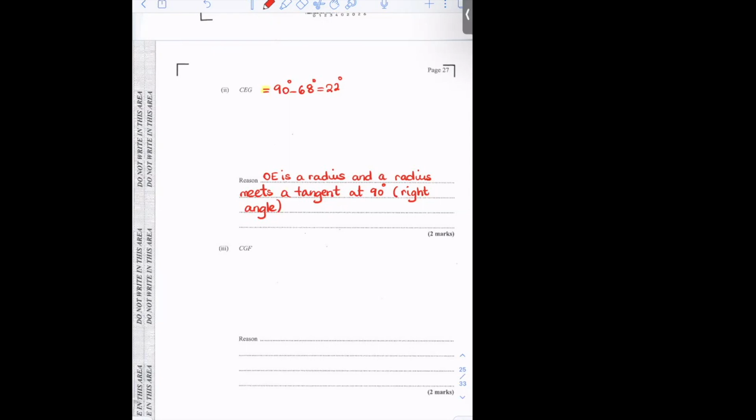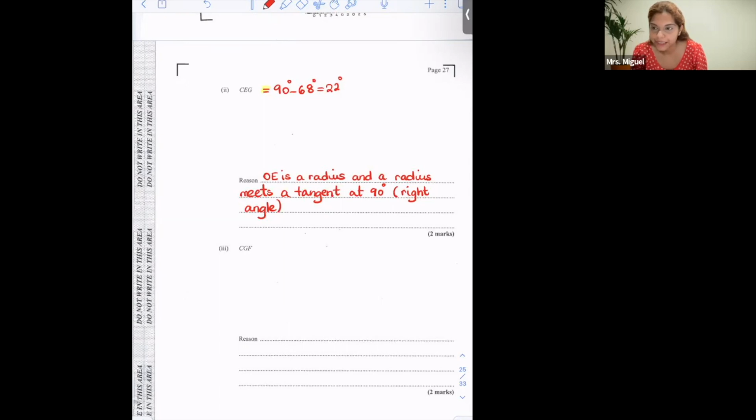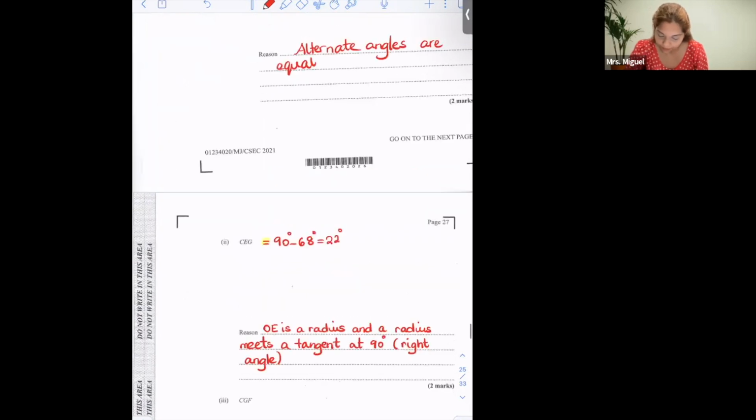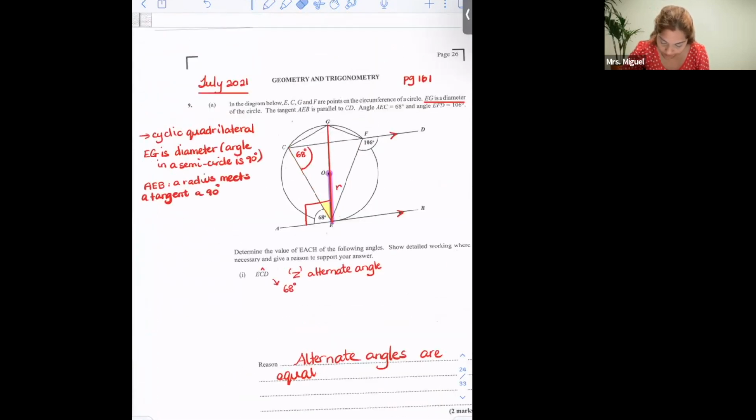We go into C, G, F. If you notice, this is part of a cyclic quadrilateral.